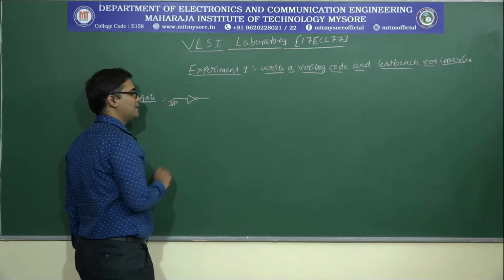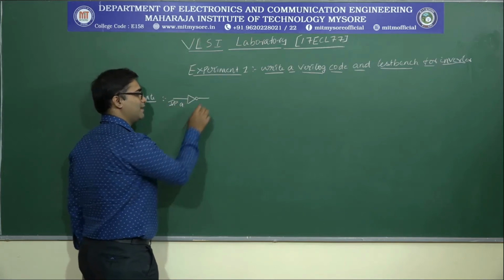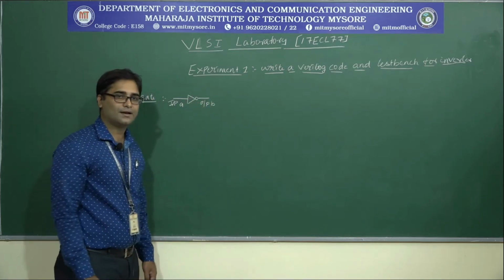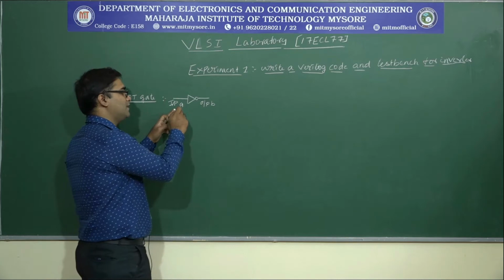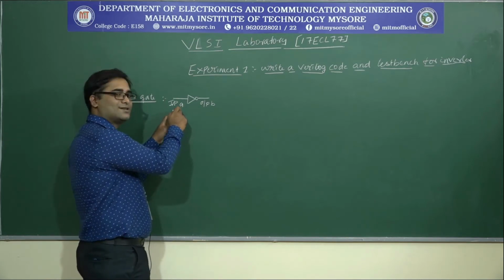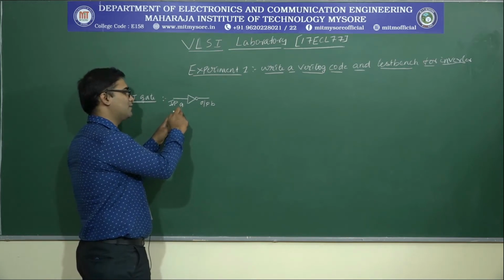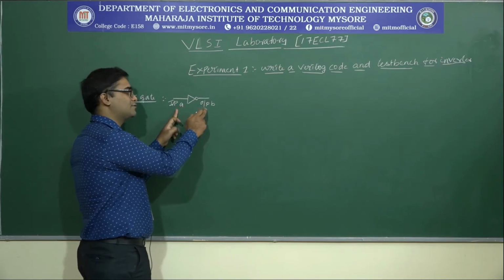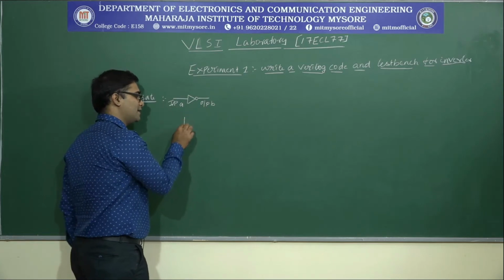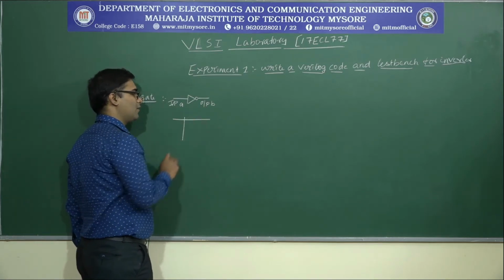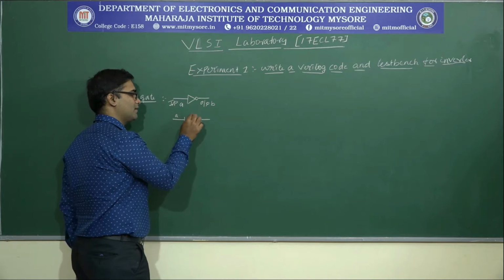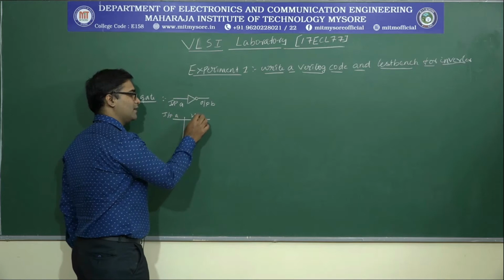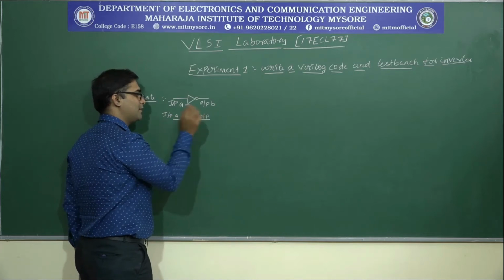Let us define it as an input with a variable A and an output with the variable B. Suppose we provide a digital logic of 0, then the output would be the complementary function, which would be 1. If you see the truth table of the NOT gate, we have defined the input as A, the output as a variable B.